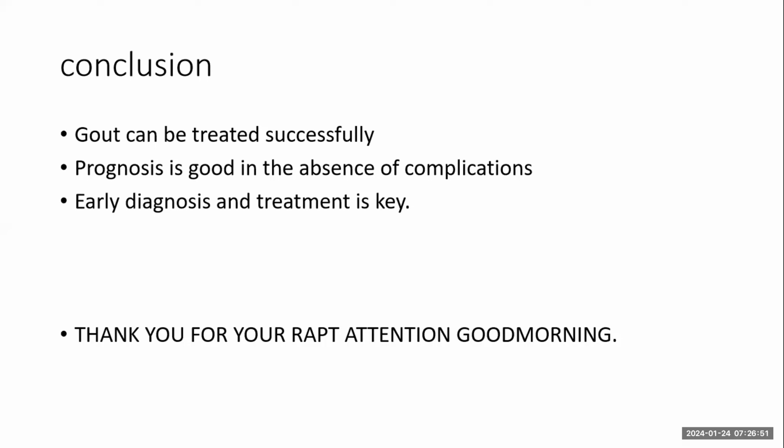Then from my understanding, hyperuricemia can be treated by reducing the uric acid levels. If the levels are elevated above the upper limit of normal, you may want to treat the patient, but that does not mean the patient has gout. If you're just treating the hyperuricemia, it may be to reduce cardiovascular risks and all of that, not that the patient has gout.